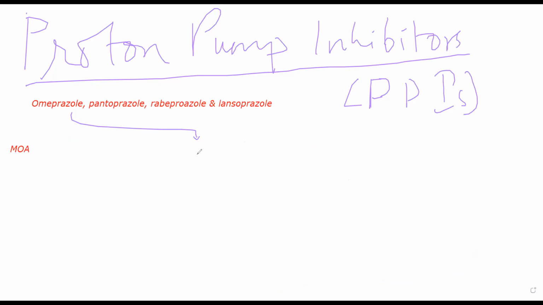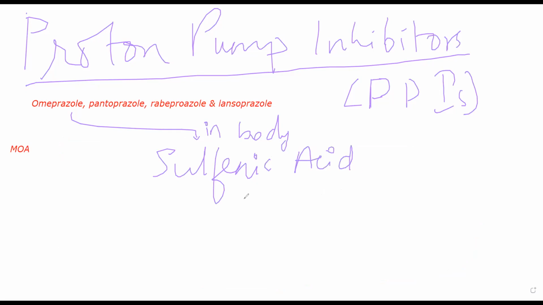Once it is entering inside your body, it will get converted into a product called sulfonic acid. This sulfonic acid will again get converted into sulfonamide.